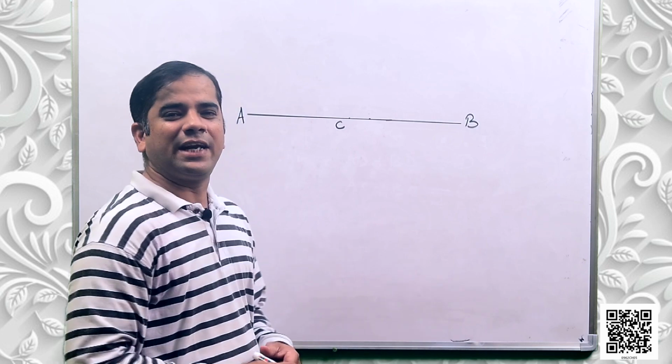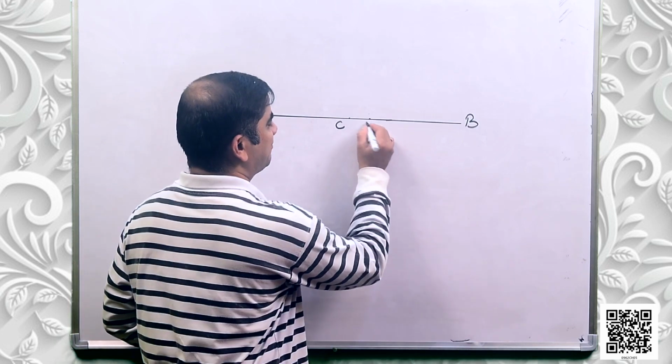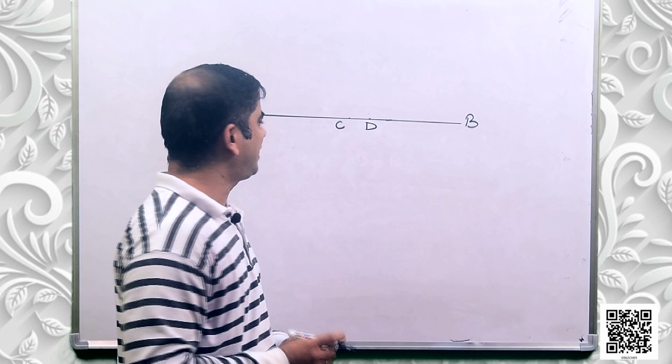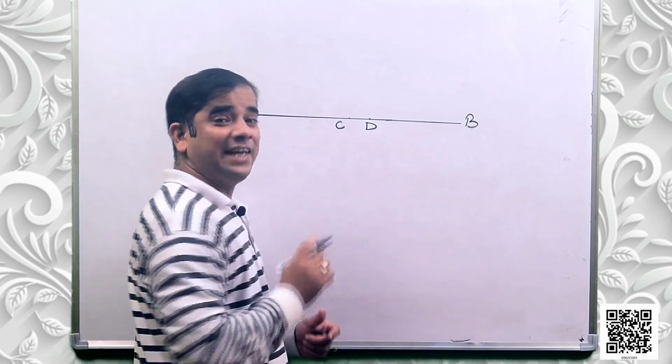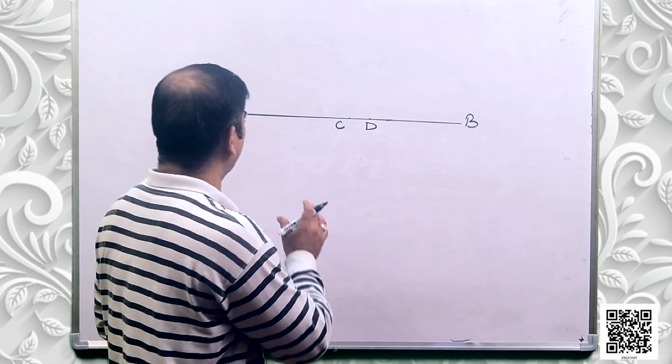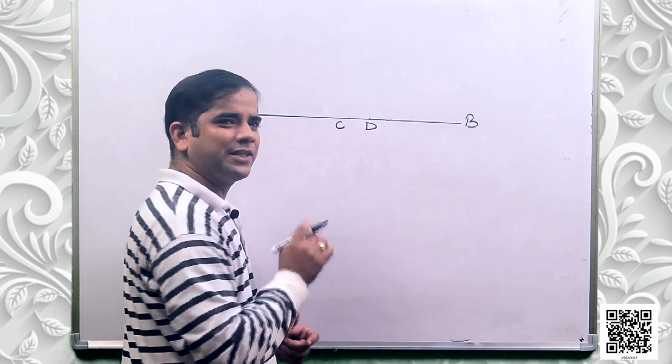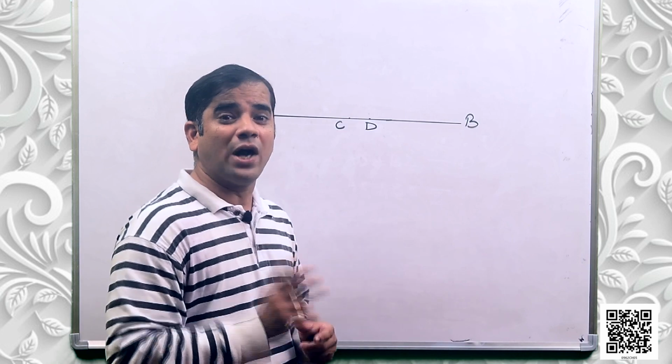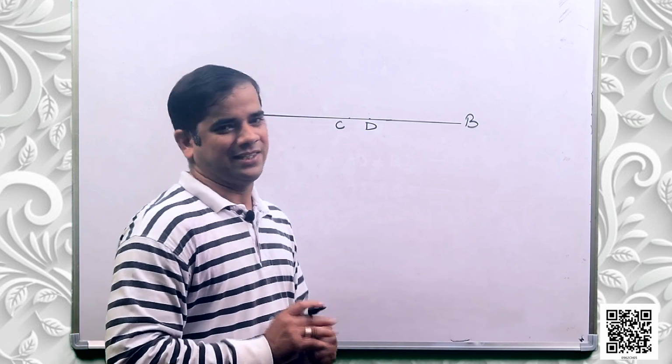Let us assume another point D, and we need to prove that C and D coincide. That means there is only one midpoint in a line segment.